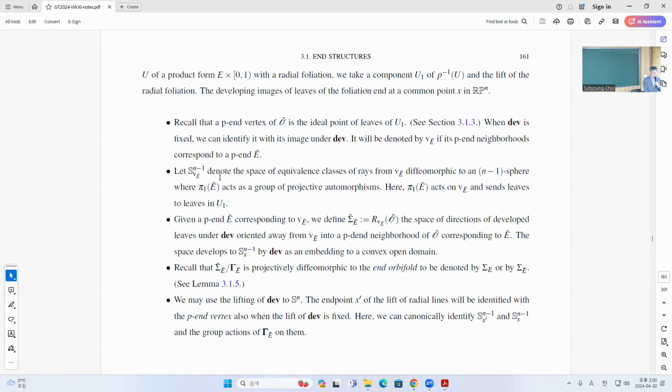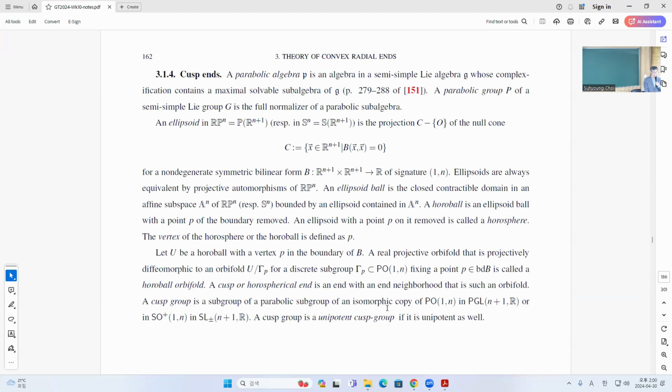The set of rays from the vertex, you can denote by B_E, and it is diffeomorphic to the (n minus one)-sphere, and this acts as a projective automorphism. And you can define the set of rays, the space of directions of rays, like this, and you take the quotient to be the end. Okay, so that's the PN neighborhood here.